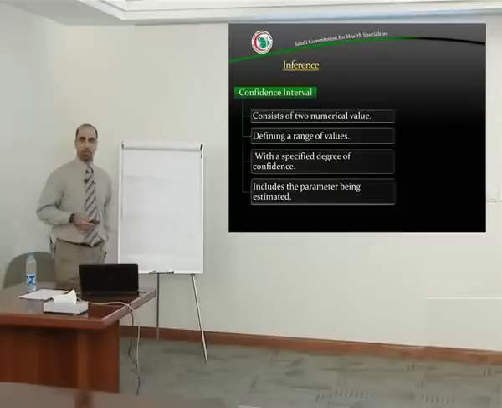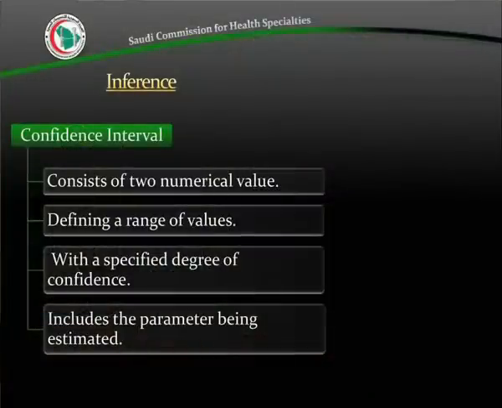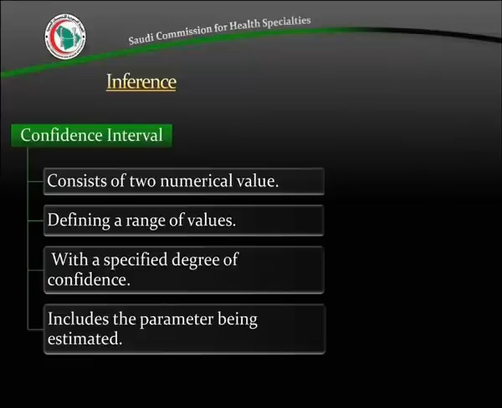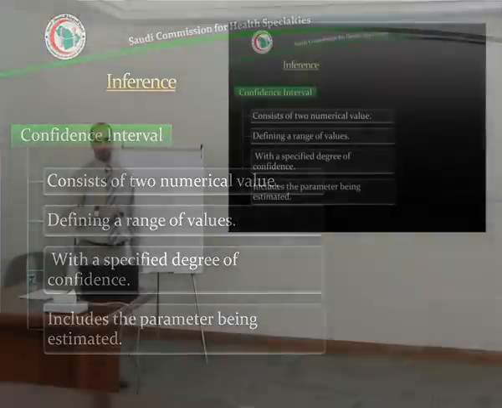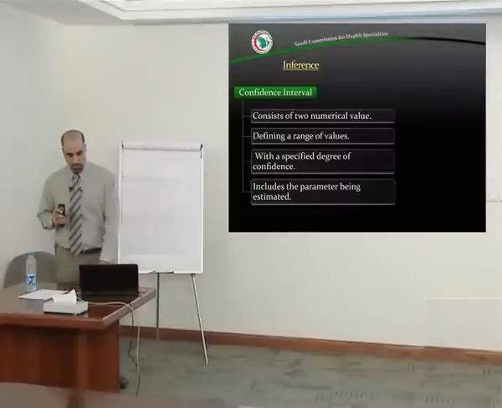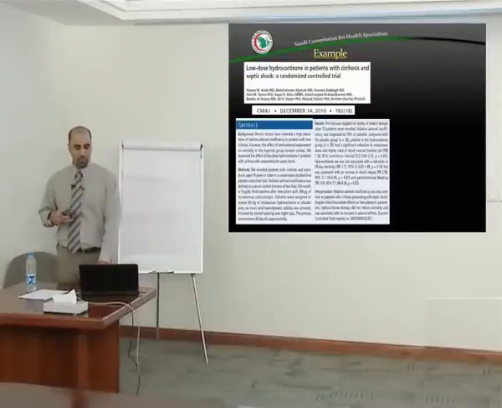So what does it mean? A confidence interval consists of two numerical values defining a range of values with a specified degree of confidence, like 95% confidence. It includes the number being estimated. It might be a little unclear, but through an example I will clarify it.